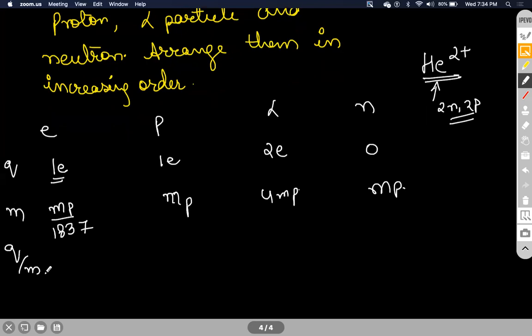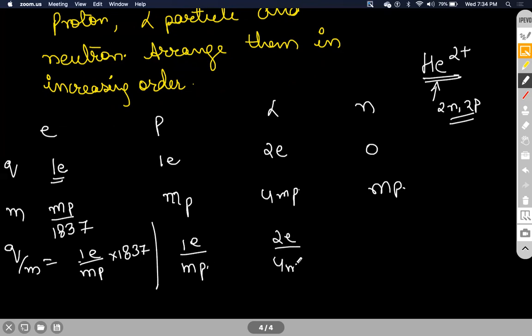For electron it is 1 E divided by MP/1837, so 1837 comes on top: 1837 E by MP. For proton it is 1 E by MP. For alpha it is 2 E divided by 4 MP, that is 1 by 2 E by MP.